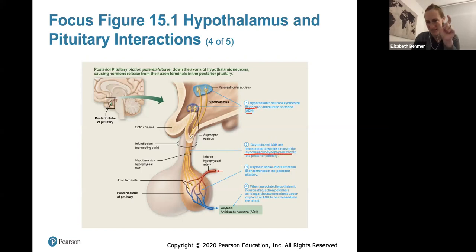What that means is this is basically nervous tissue. It's a downgrowth of the brain that has formed this posterior lobe. Oxytocin and ADH will be stored in axon terminals as shown here, and they'll be released when the associated neurons fire into capillaries or the blood.